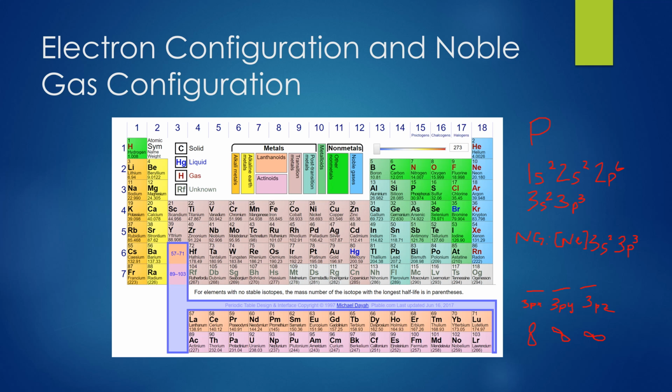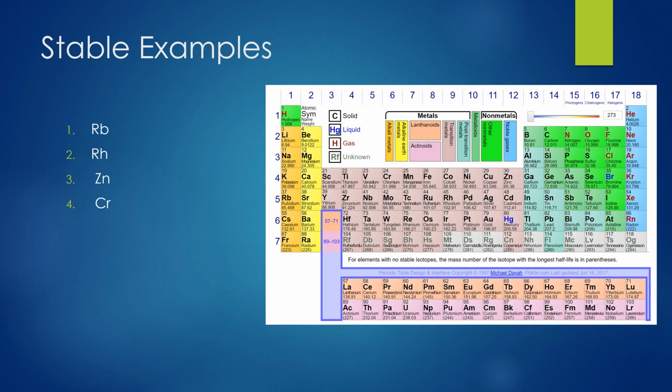And so when we fill the p subshell, we can call these positive spins, they could be negative, it doesn't matter, as long as we know that we put in 1 electron in each orbital. We cannot put another electron here before we fill up all 3, because this is considered the most stable configuration for phosphorus.